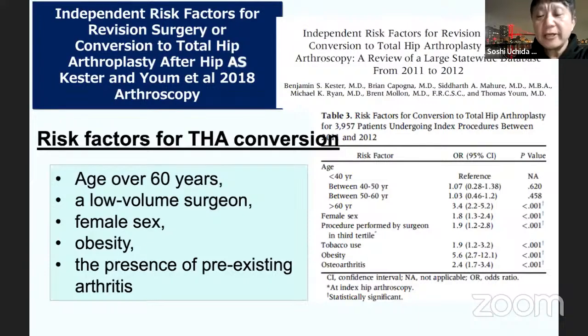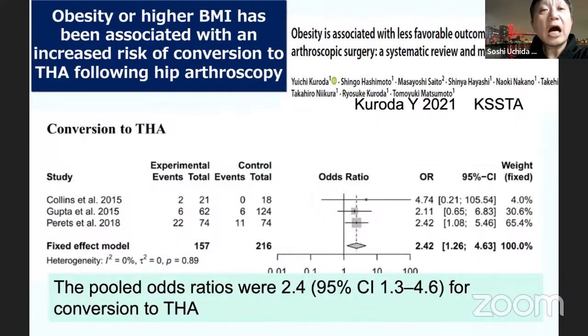And obesity, or a higher BMI, has been associated with an increased risk of conversion to total hip arthroplasty. The pooled odds ratio was 2.4 for conversion to total hip arthroplasty if the BMI is greater than 30.